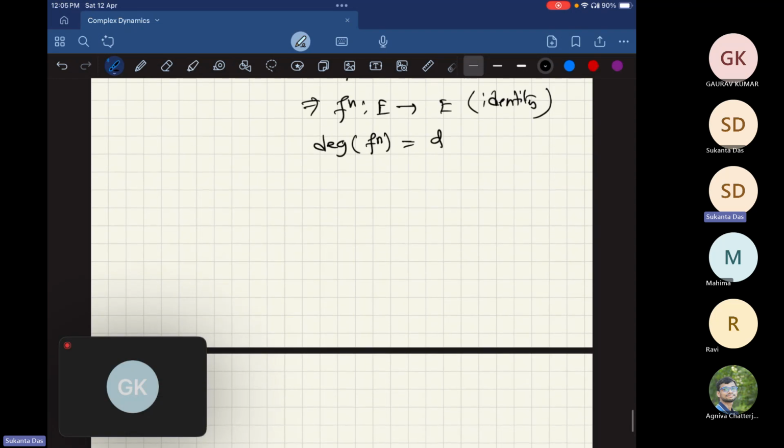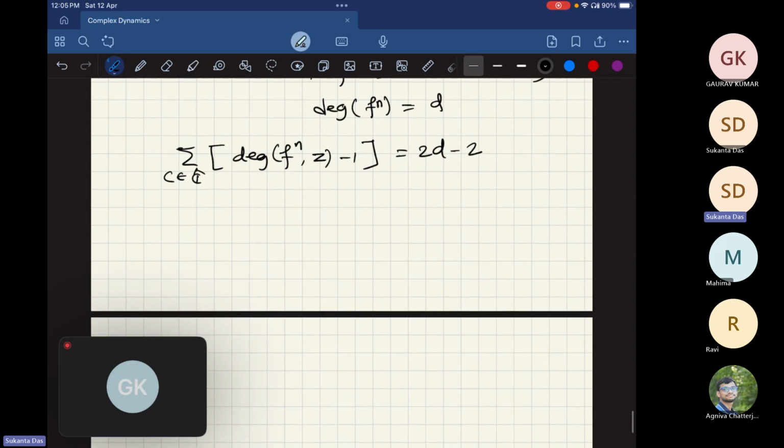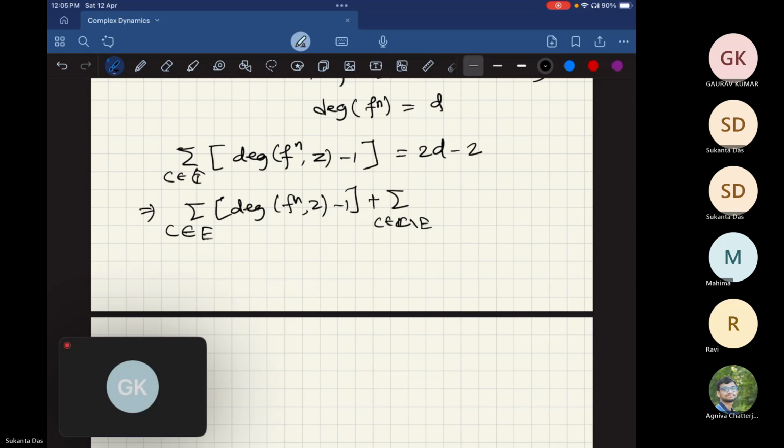Now by the above Riemann-Hurwitz relation, use the Riemann-Hurwitz formula for this function, f^n, with z minus 1, and I have taken that this is the degree of f^n, that is 2d minus 2, and you can write this expression as the sum over c in E, plus the sum over c in C hat minus E, equals 2d minus 2.